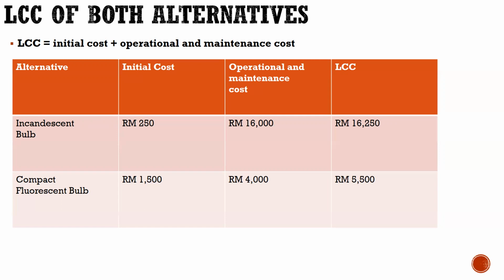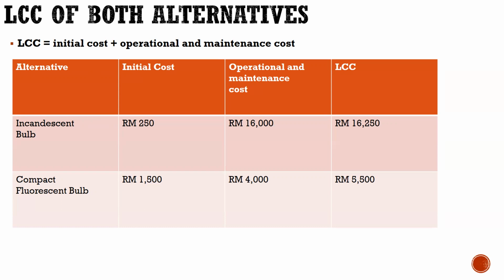Here, if you can judge which one is the highest, definitely we know 16,250 is higher than 5,500 Malaysia ringgit, which is almost 3 times the first one for the incandescent.